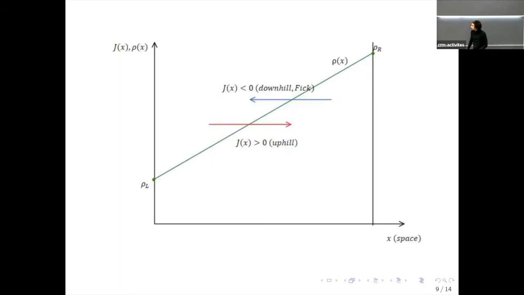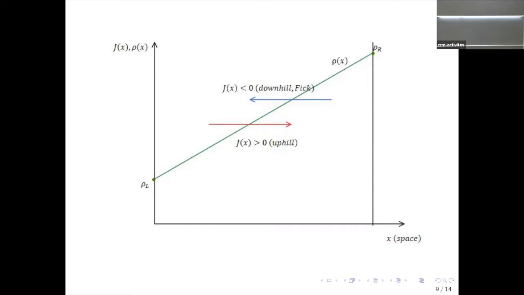it, I mean that if we have a density on the left that is lower than the density on the right, if we follow Fick's law, we would have a downhill current, and otherwise, if we violate Fick's law, we would have an uphill current.